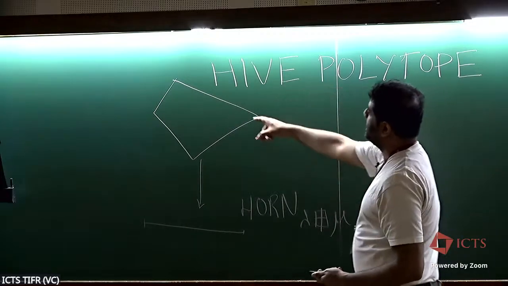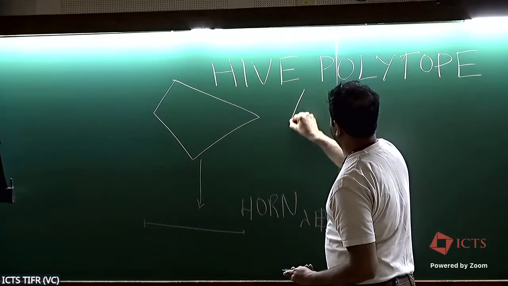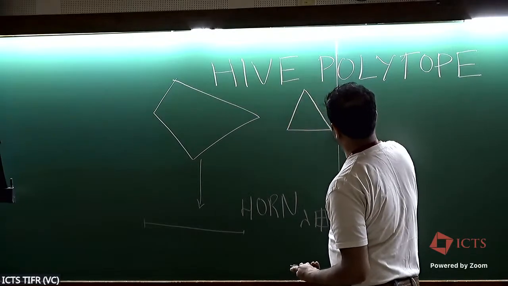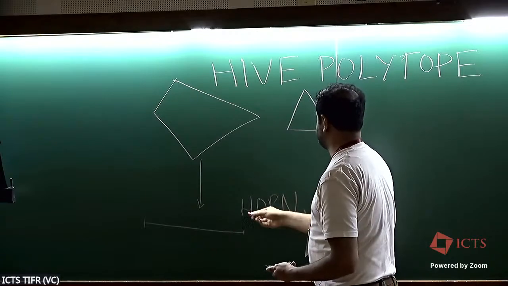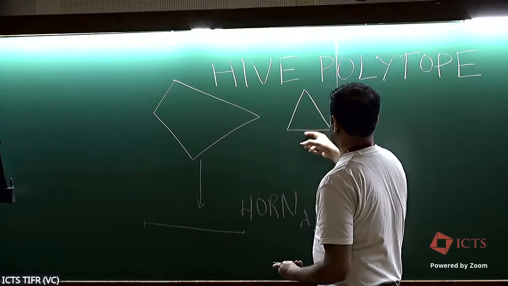A typical element here is a triangular array, which is called a hive, and a typical element here is simply the values taken by the third side.